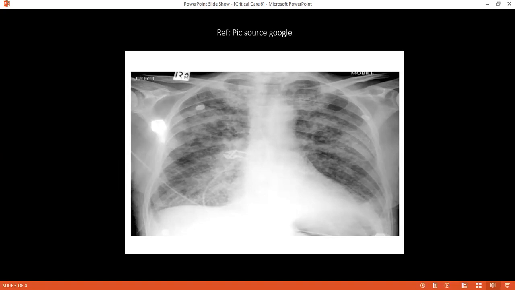There's also obliteration of the costophrenic and cardiophrenic angles, and an enlarged heart shadow, probably cardiomegaly. And the other findings: the trachea is central in position, the bones are normal. Right, good.